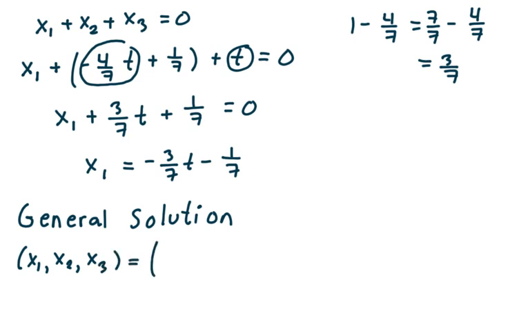So I'm going to get negative 3/7 t minus 1/7. That's x1. x2 is negative 4/7 t plus 1/7. And then I get t for the third column, or third component. And I would leave it there.